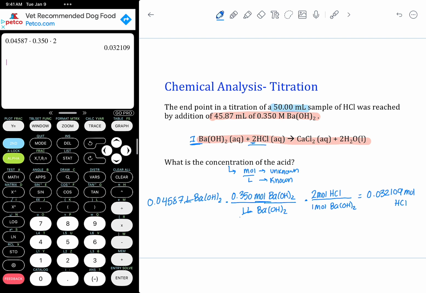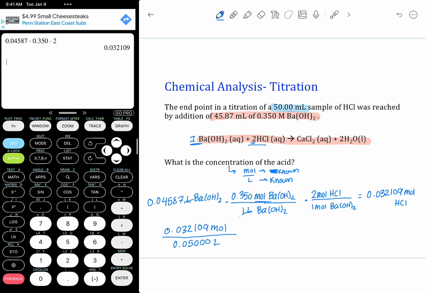it means we now know this value here, moles is now known, volume is now known of our acid, therefore we can take those two values, divide them, and find our concentration. So we're going to take our 0.032109 moles, divide it by our 50 milliliters, which we are going to convert to liters because molarity has units of moles per liter, not milliliters.